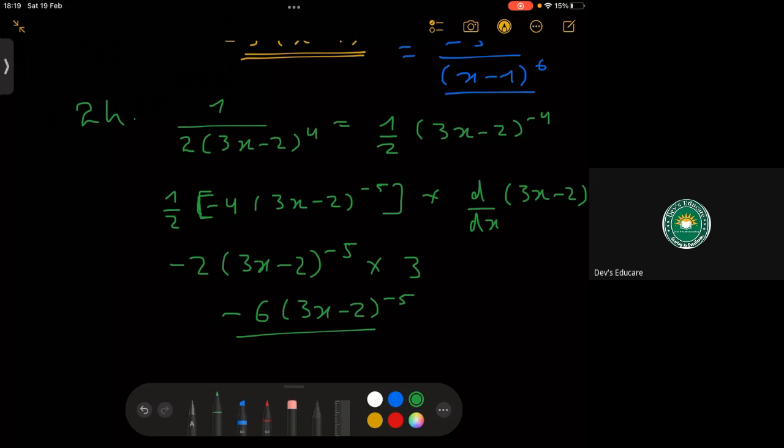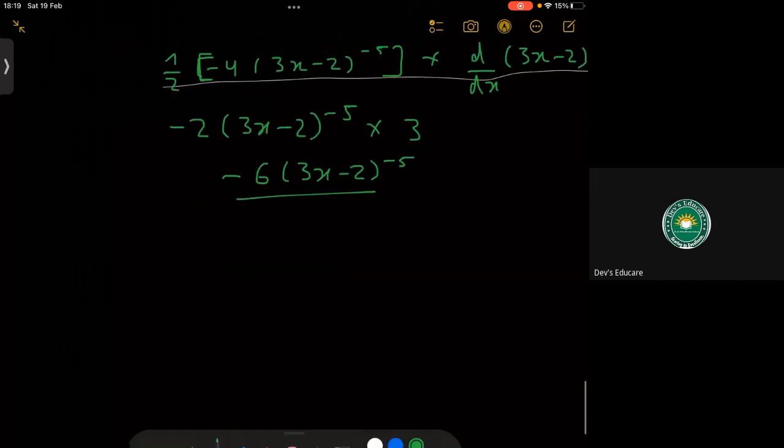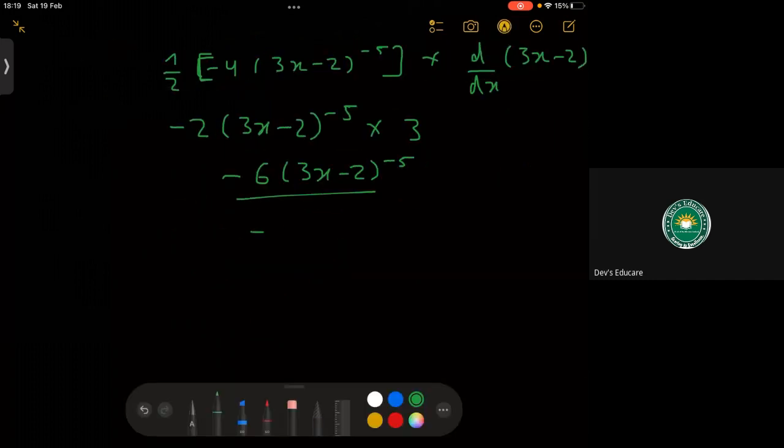Take your answer. That will be minus 6 divided by (3x minus 2) to the power 5. Yes.